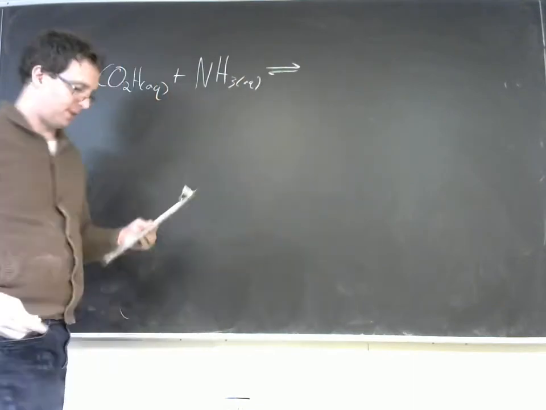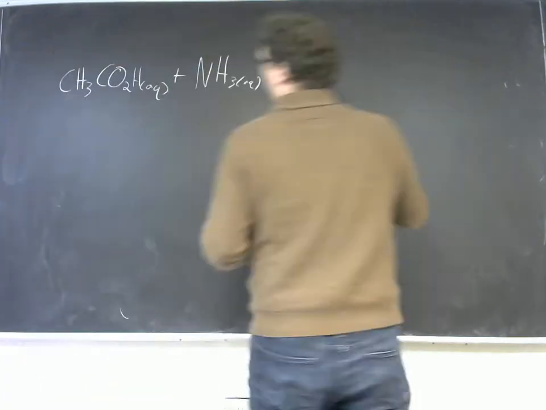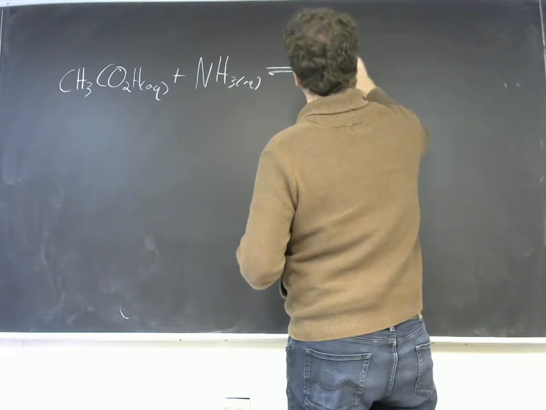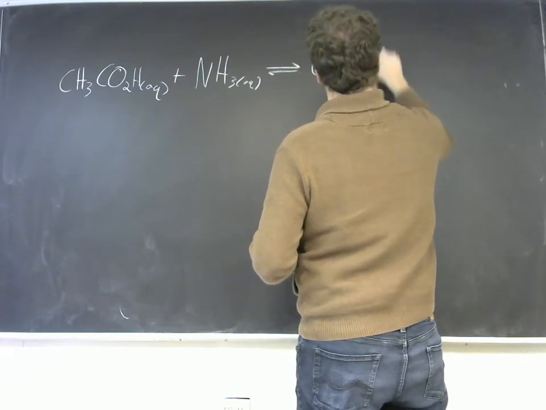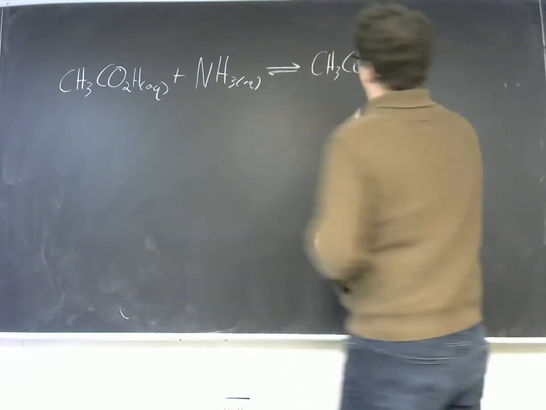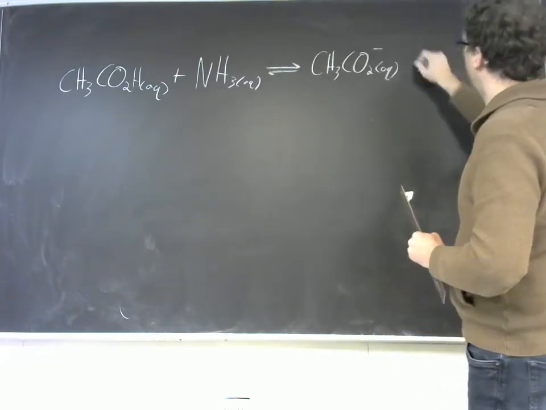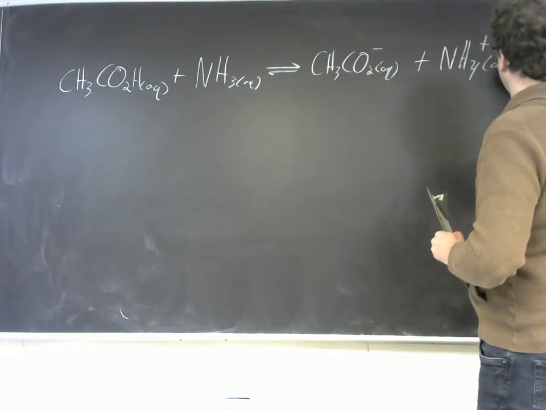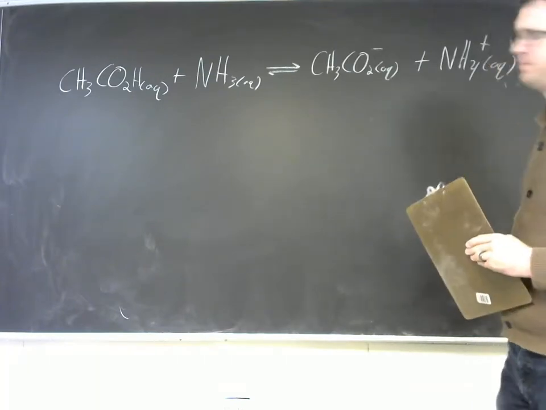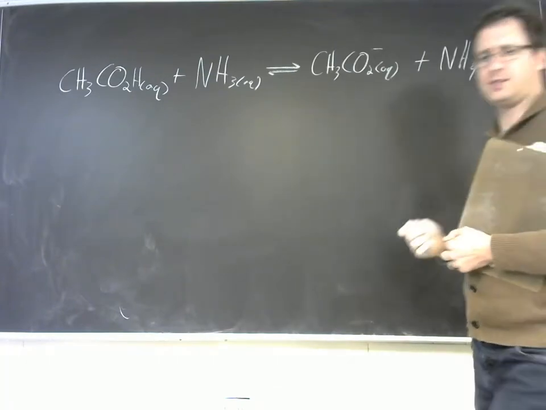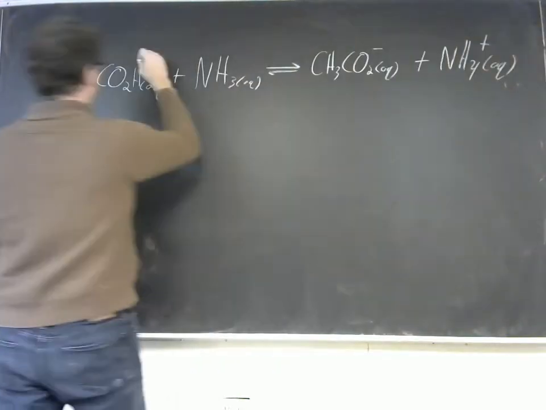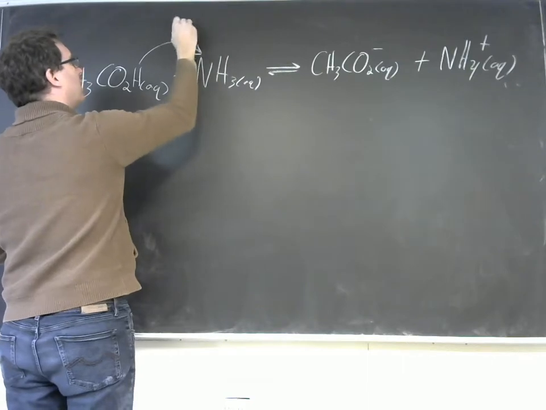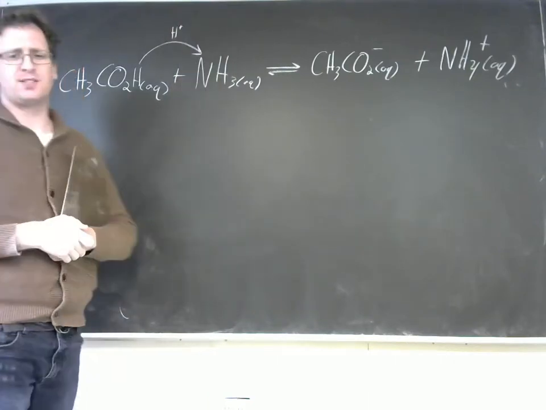This is going to reach equilibrium, and what you'll have is acetate ion plus ammonium ion. And if we look at this, it's clear that the acetic acid is donating its H+ to the ammonia.